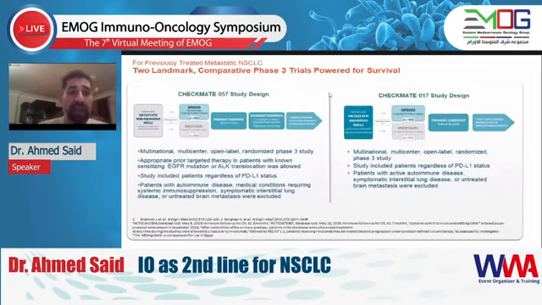And after that came two randomized phase 3 trials: CheckMate 057 for patients with metastatic non-small cell lung cancer in the second-line setting, randomized to nivolumab or docetaxel, with non-squamous histology, and the CheckMate 017 study for squamous histology, also randomized to nivolumab or docetaxel.